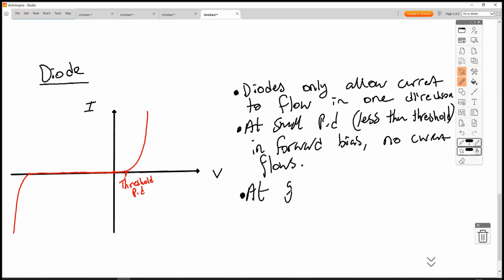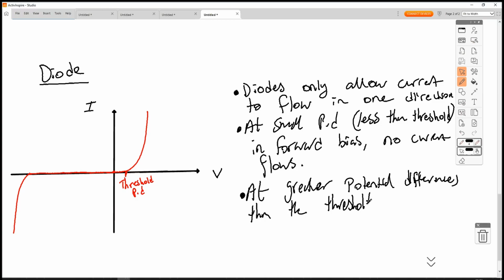At greater potential differences than the threshold, current increases very rapidly.